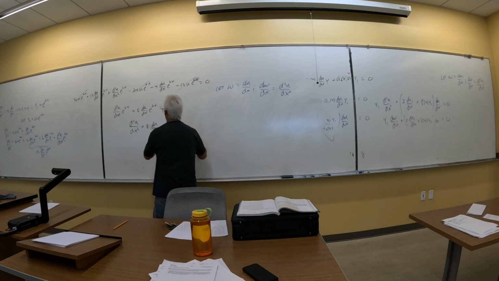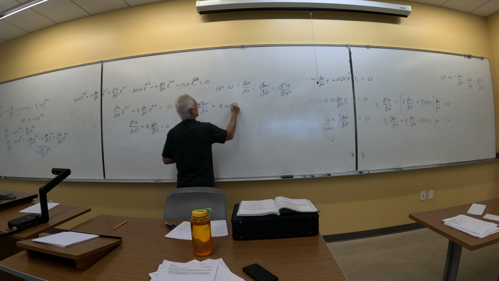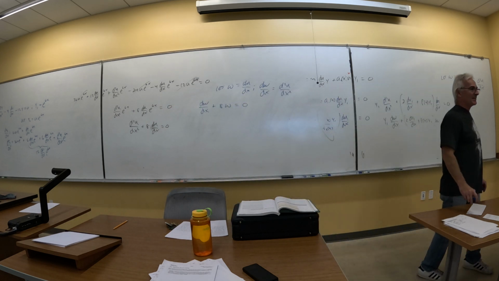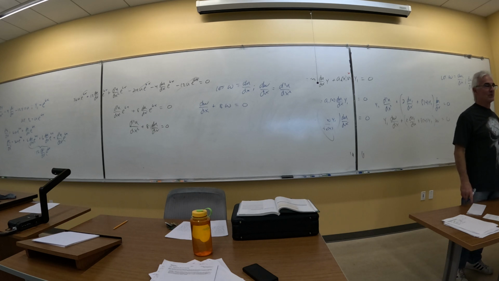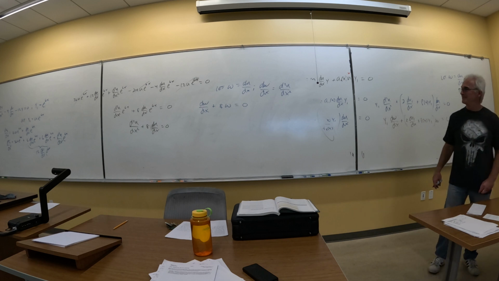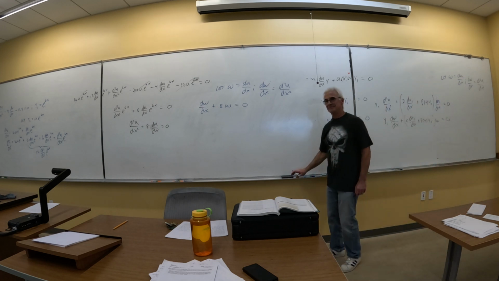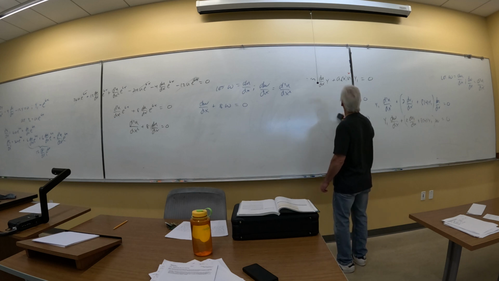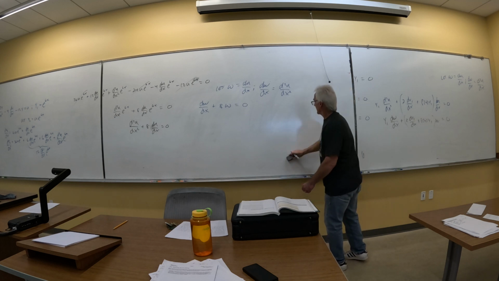So that means my new equation is going to be dw dx plus 8w equals 0. It's a first order linear homogeneous. I think that's about the easiest one there is. You like this so far? This one you should. This is pretty easy. All right?